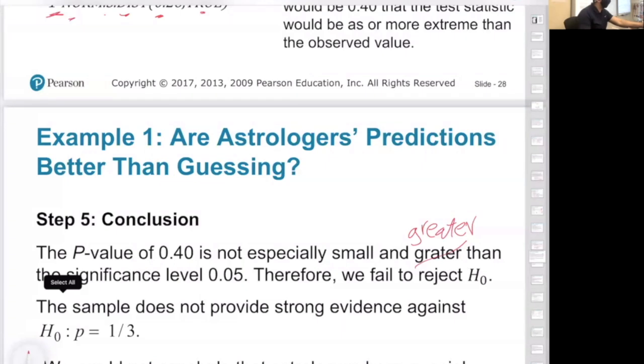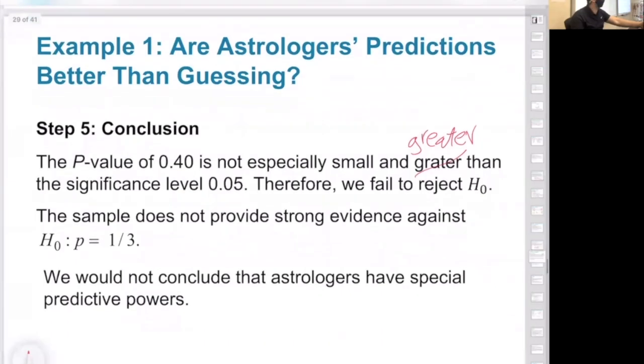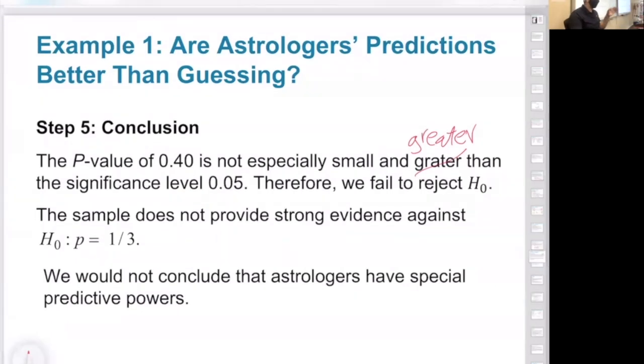Always, always, always, if you don't have a different significance level, you assume 0.05. But if you have a significance level in the question, say for example 0.01, you will compare it with 0.01, not 0.05. So as you can see here, 0.4 is greater than the significance level, so the decision is fail to reject the null hypothesis.